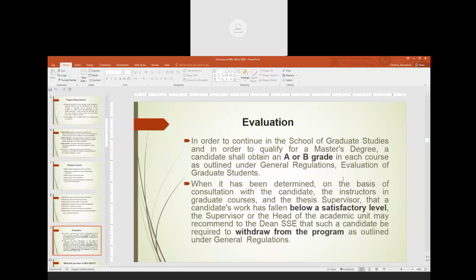Particularly with the evaluation, you have to maintain 75 percent in your courses to be qualified and to remain in the program. If you don't have the 75 percent, you won't be eligible for your tuition fee, your stipend and everything.